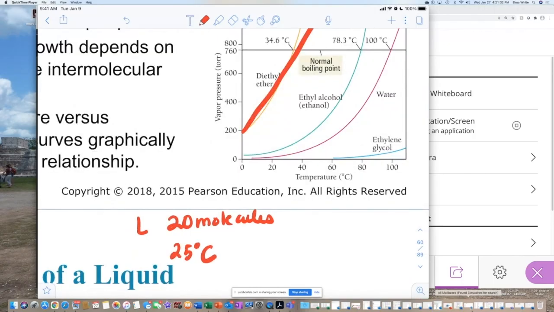Then if you made the room hotter, you doubled it to 50 degrees Celsius, then you double the amount of molecules released to 40 molecules. That would be true if the graph was linear. You have a linear relationship.